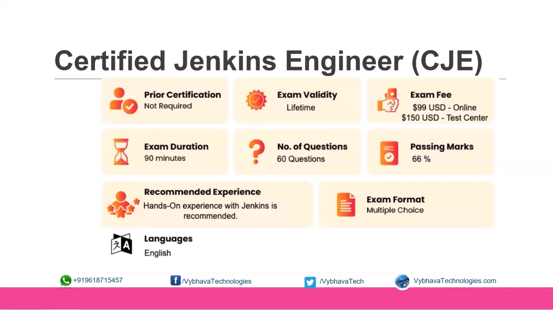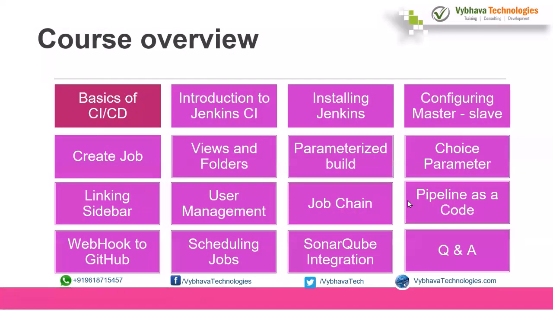The number of questions is 60, and the passing percentage is 66%. You can write it anytime. They are multiple choice questions. Most of the time you need to have worked on real-time Jenkins to pass this exam. If you want to write the exam, it is $100, and if you go to a test center and write it, it is $150. That is the price.